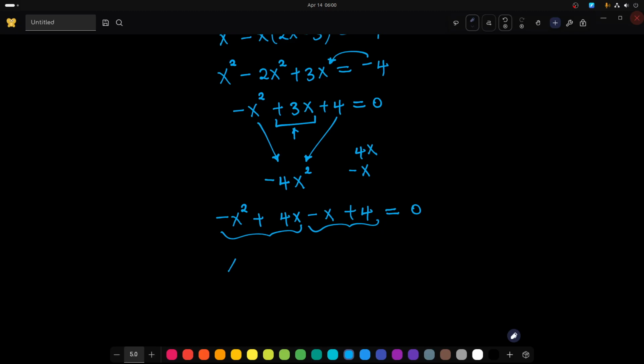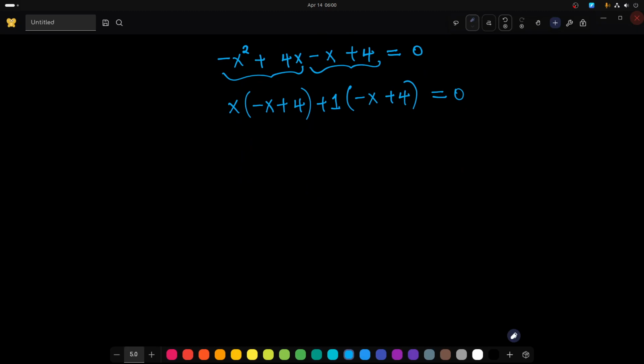Let's factor that out. So when you take x outside, negative x squared divided by x leaves us with negative x, plus 4x divided by x will leave us with 4. And then on the second pair, there is no common factor, so we can just say the common factor is 1. So that leaves us with that pair, and this is equal to 0.